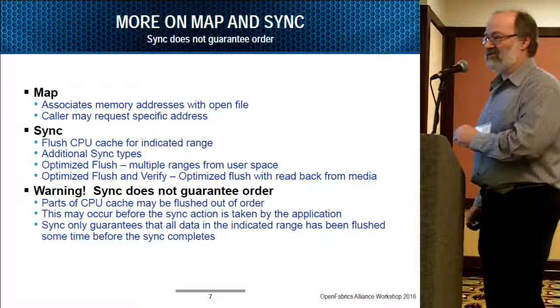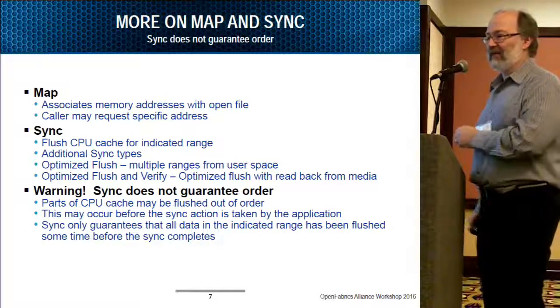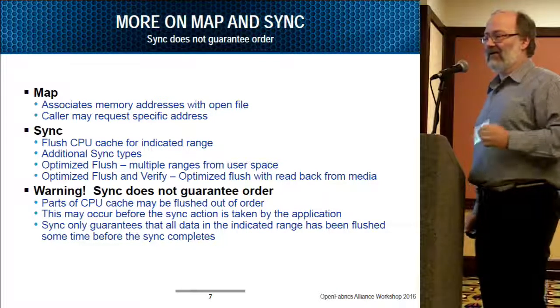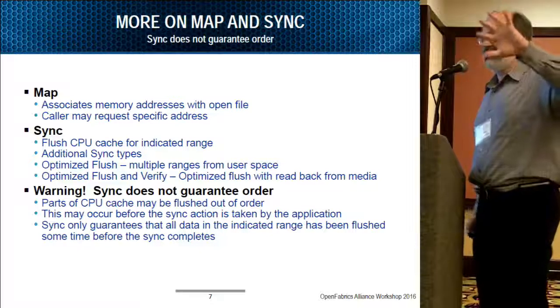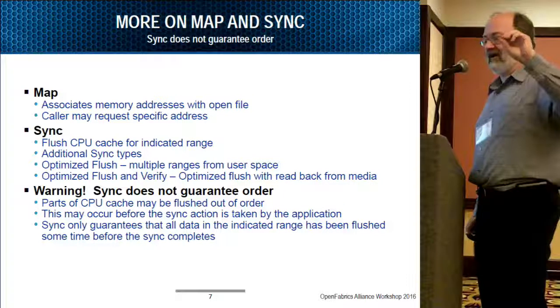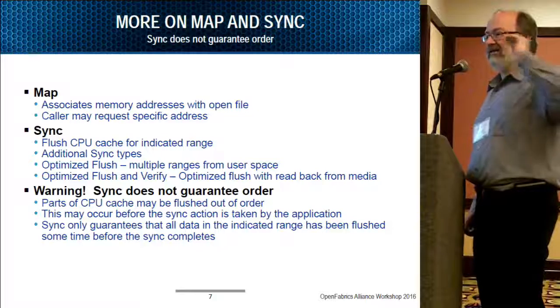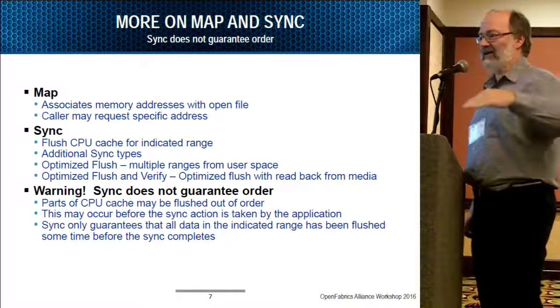This creates a kind of interesting abuse. If you want to do something atomic, then what you do is you write a bunch of data that will be subject to the update of a single pointer, let's say, and then you sync, and then you update the pointer, and then you sync again.